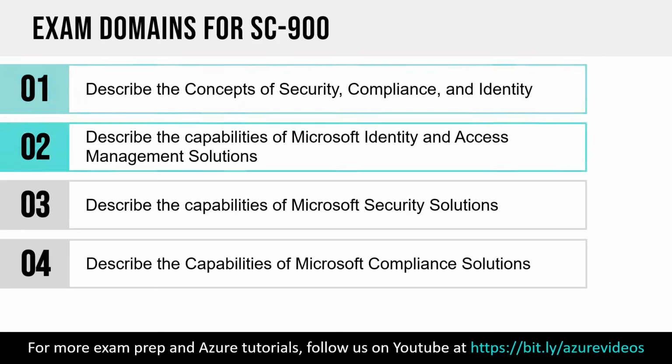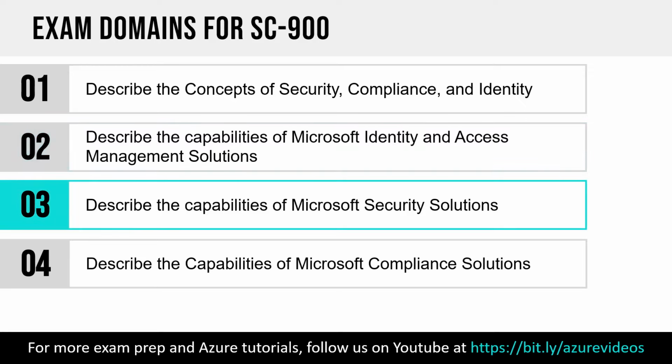Moving into objective domain 2, we'll touch on the capabilities of Microsoft Identity and Access Management Solutions. So we'll be digging into Azure Active Directory, as you might guess. We'll talk about identity models, identity types, identity attacks, multi-factor authentication, and Windows Hello, just to name a few. Domain 3 touches on the capabilities of a wide variety of Microsoft security solutions.